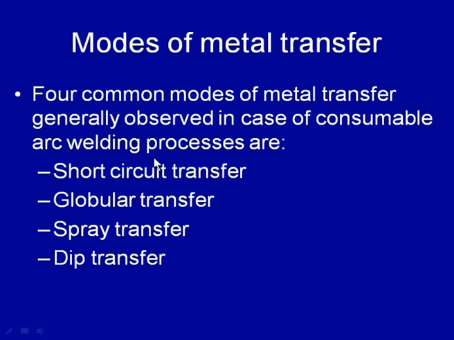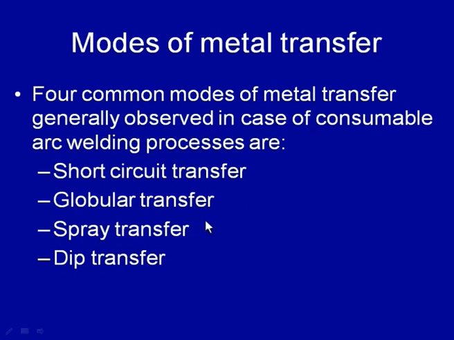To look into the different ways through which the metal is transferred from the electrode tip to the weld pool, there are 4 common modes of metal transfer observed in consumable arc welding processes. These include the short circuit metal transfer, the globular transfer, the spray transfer, and the dip transfer.